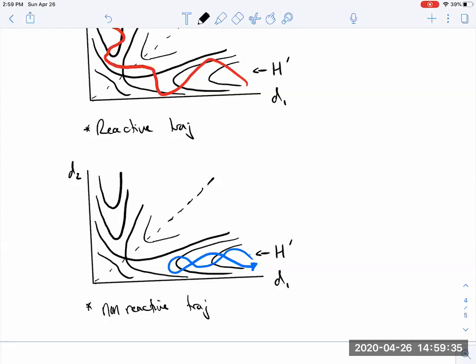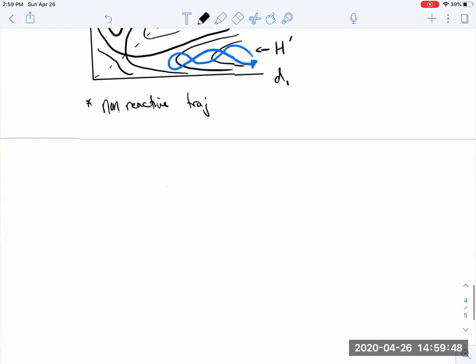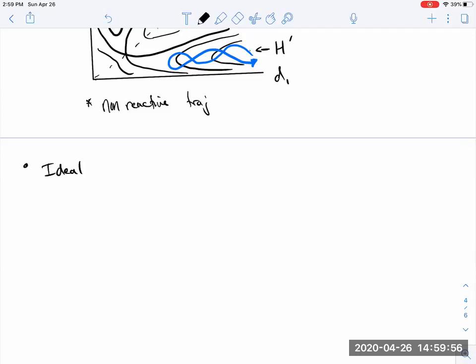But transition state theory requires us to identify a single reaction coordinate. We don't really know how we would use both D1 and D2 in such a calculation. So maybe we could construct an idealization of some reactive trajectory and use that to inform what would be a reaction coordinate.